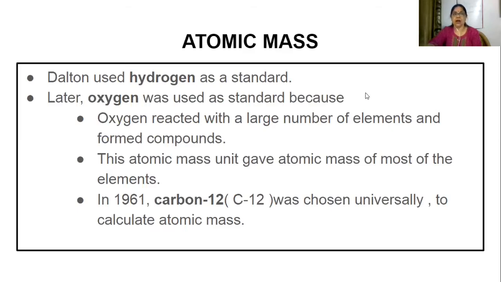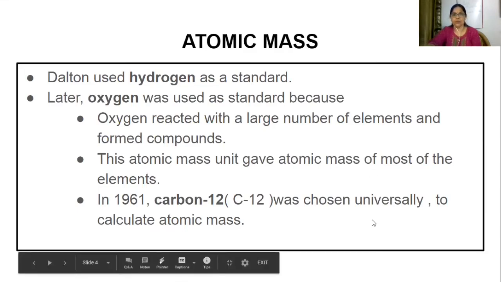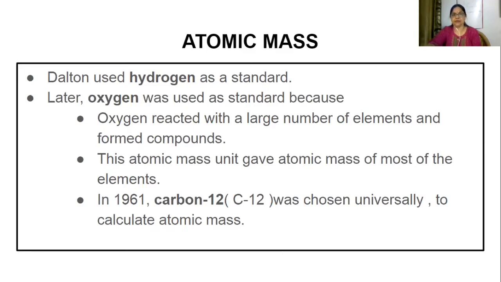Later on, oxygen was used as standard and 1/16th of the mass of oxygen atom was considered as a unit because oxygen combines with a large number of elements to form compounds. But now carbon-12 is used to calculate the atomic mass.